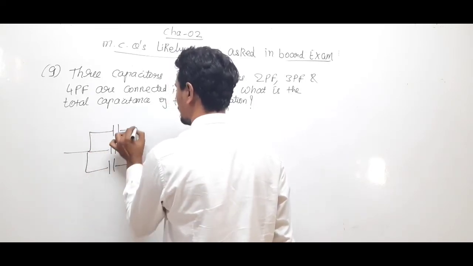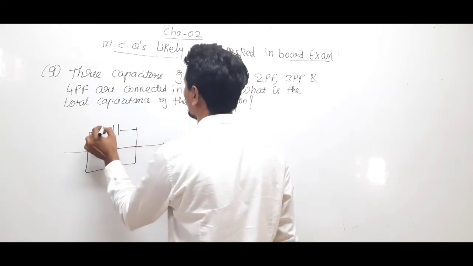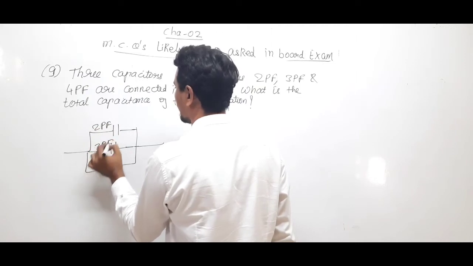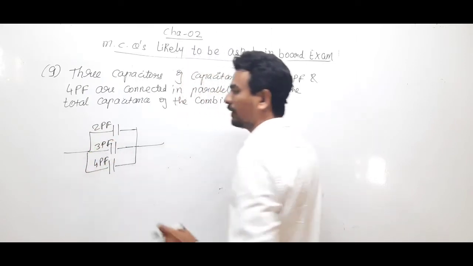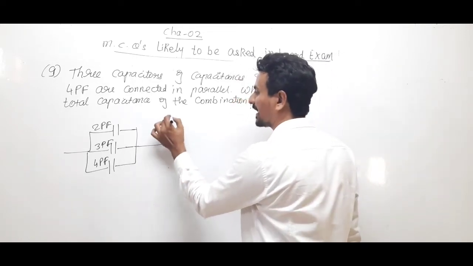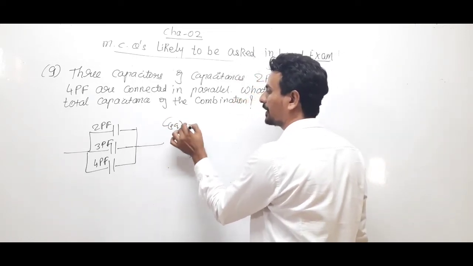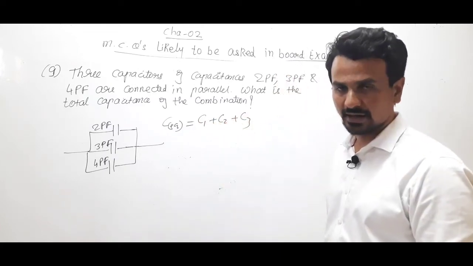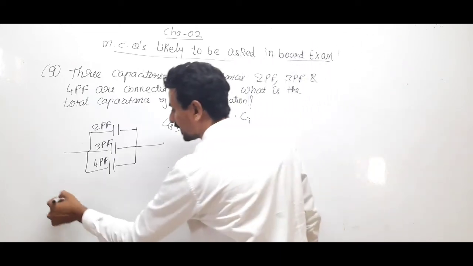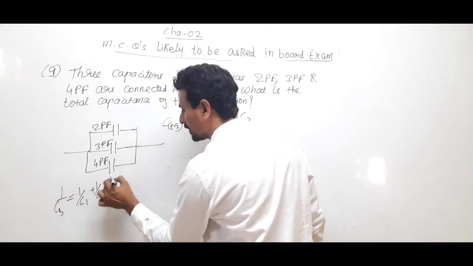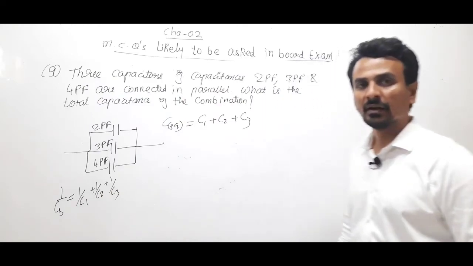Capacitors when connected in parallel will be added up directly. So C equivalent will be C1 plus C2 plus C3. If the capacitors are in series, then the equivalent will be 1 by C1 plus 1 by C2 plus 1 by C3. Got it?